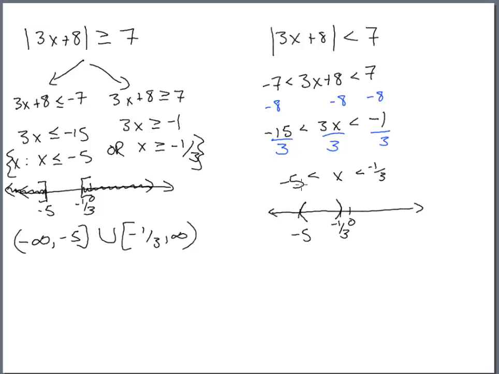X is greater than negative 5 and less than negative 1/3. So we're stuck right in there, which makes sense with the absolute value being trapped. These are the numbers that when you multiply them by 3 and add 8, they will be right in between negative 7 and 7. So the interval notation will be negative 5 to negative 1/3.